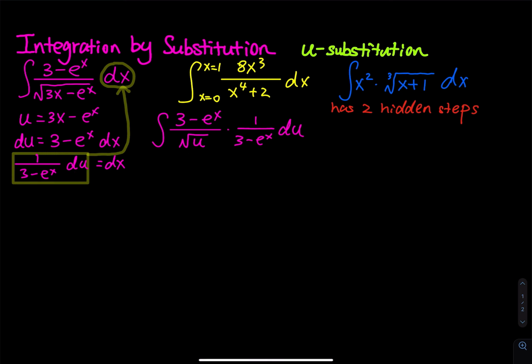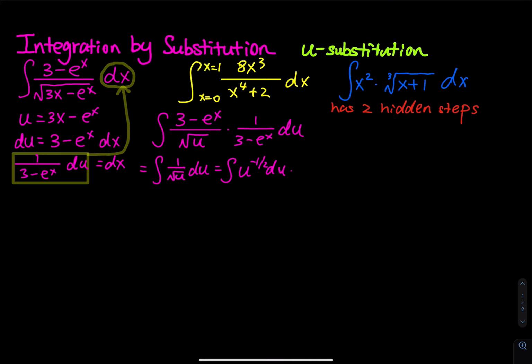Okay, so can you do some cancellation? The cancellation is you get rid of the 3 minus e to the x, right? So that is equal to the integral of 1 over the square root of u du, and that becomes the integral of u to the negative 1/2 du.